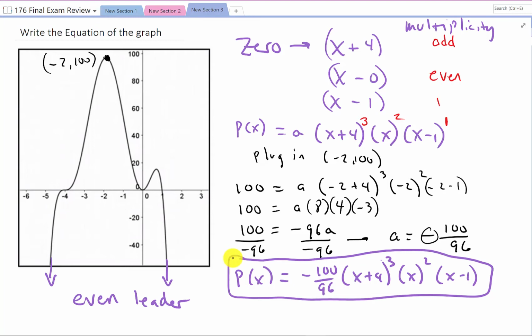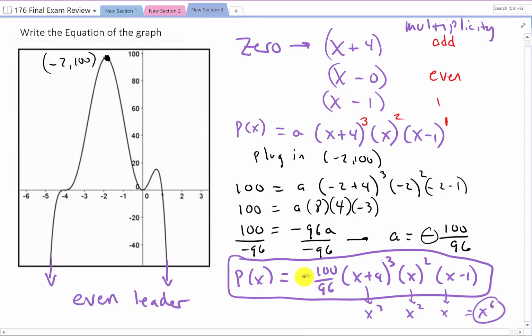And just kind of double checking this whole thing. This one is a leader of x cubed. That one is its own leader, x squared. And this one is linear, so it's x. And if we multiply all of these x's together, we get x to the 6th power. There's the even leader.